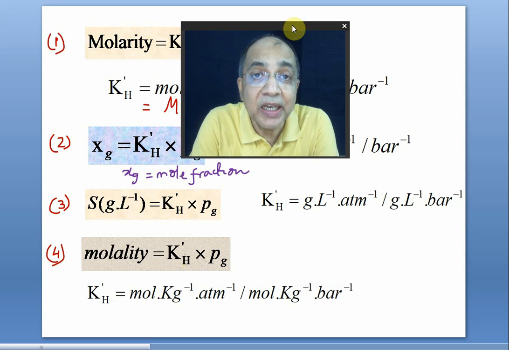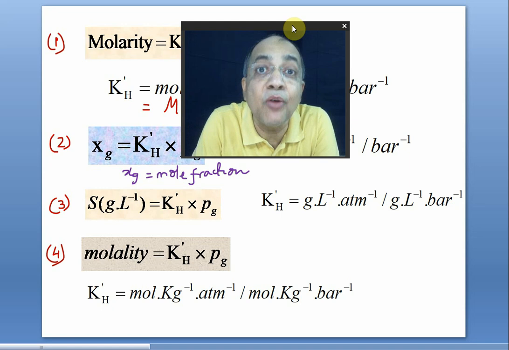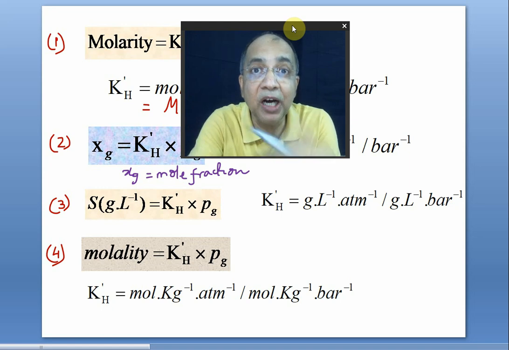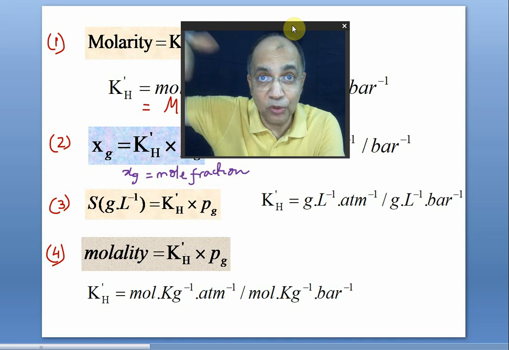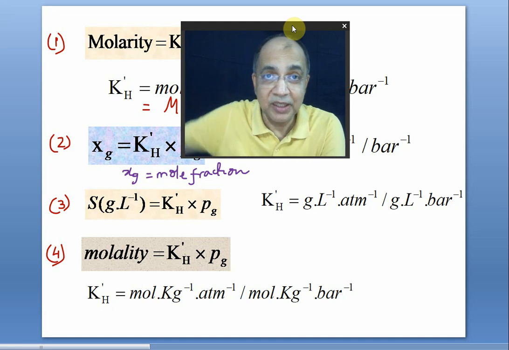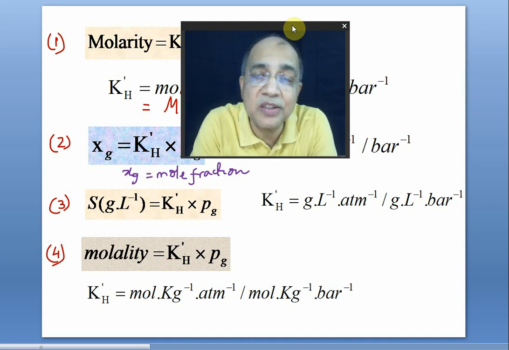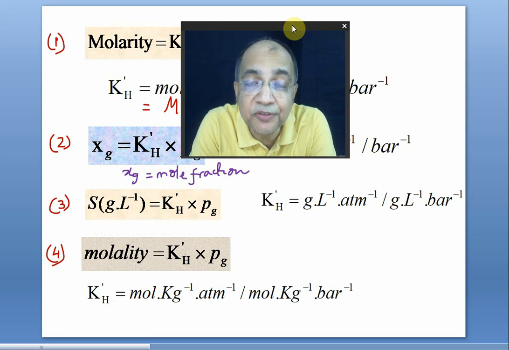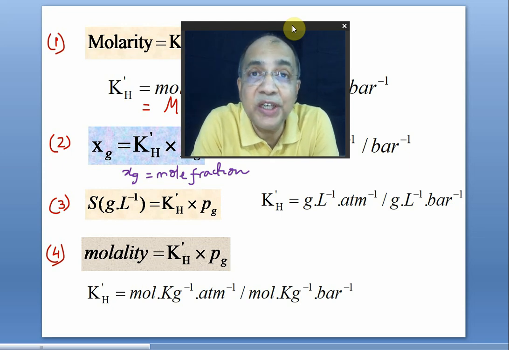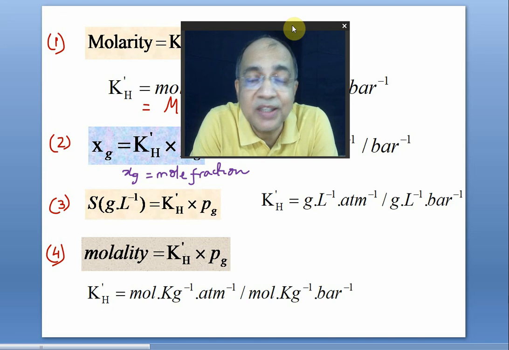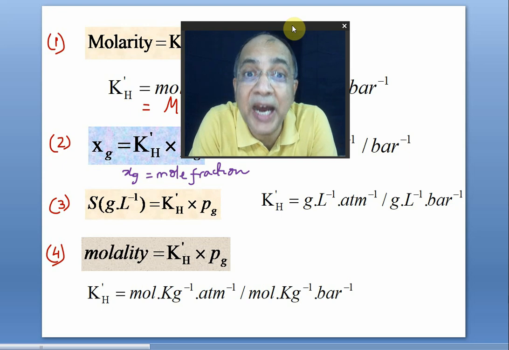If you find in the unit of kH atmosphere, bar, kilobar, not inverse, then it is Raoult's law type. Pressure will come in the y coordinate, the left, and mole fraction or molarity, whatever, will come on the right. But if you find atmosphere inverse in the unit of kH, then it is the Henry law solubility constant that I distinguished by giving kH prime.